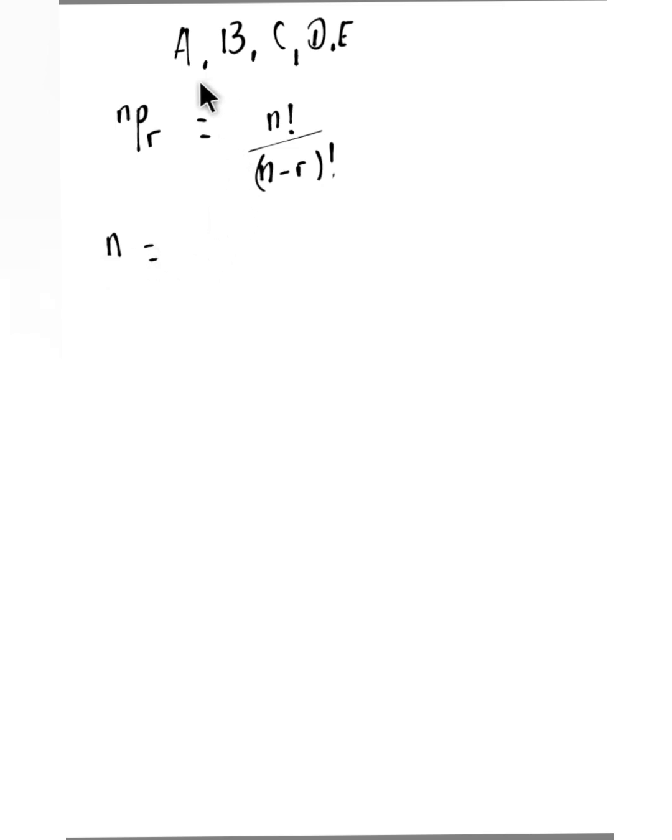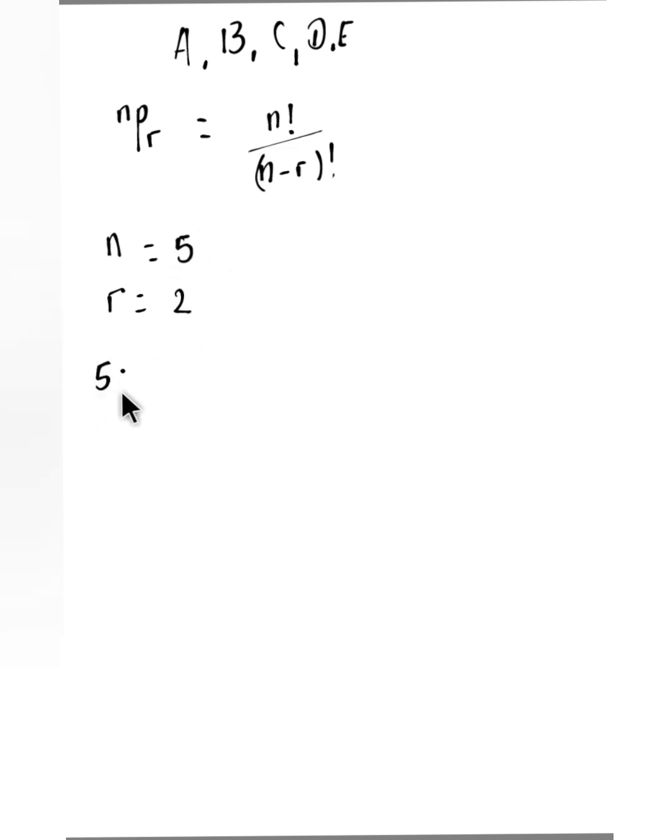We are given 5 alphabets, 1, 2, 3, 4, 5, so n is 5. And r is equal to the number of objects required. Out of those 5, we need just 2 at a time, so r is 2.